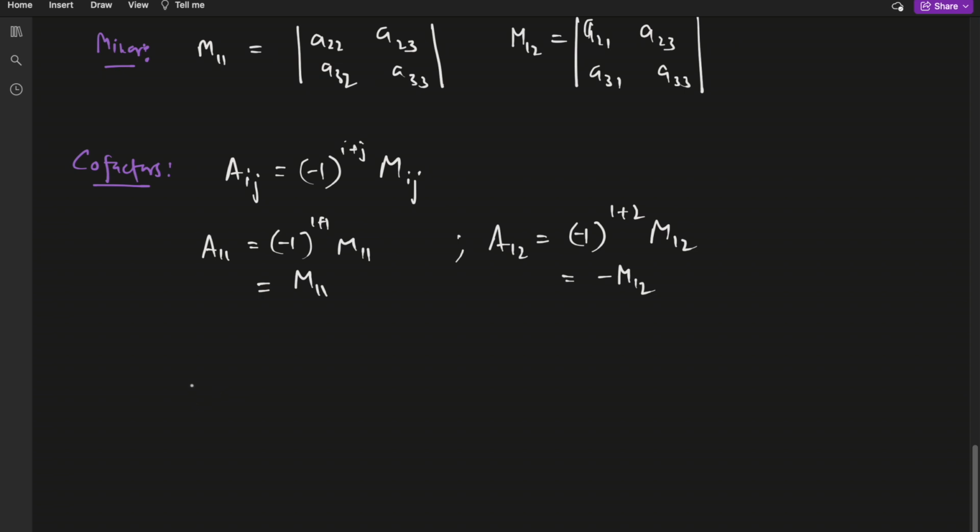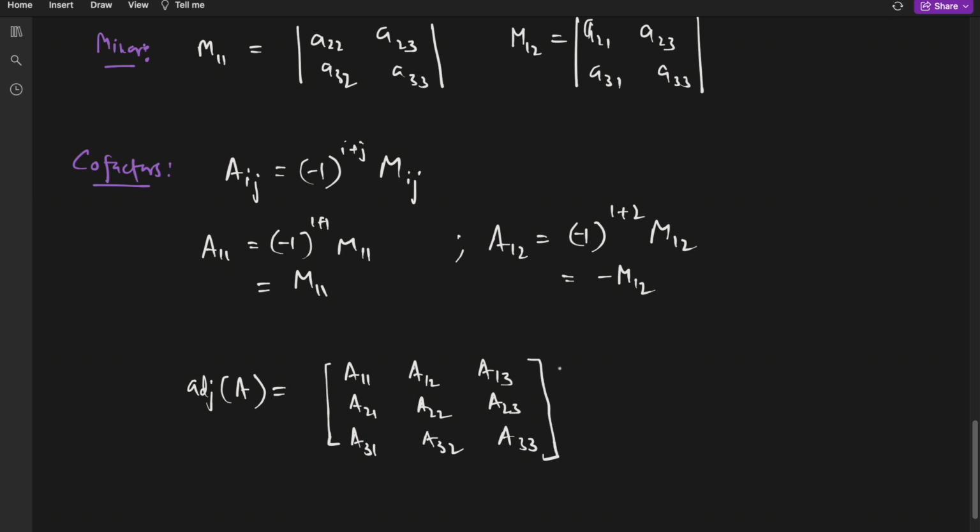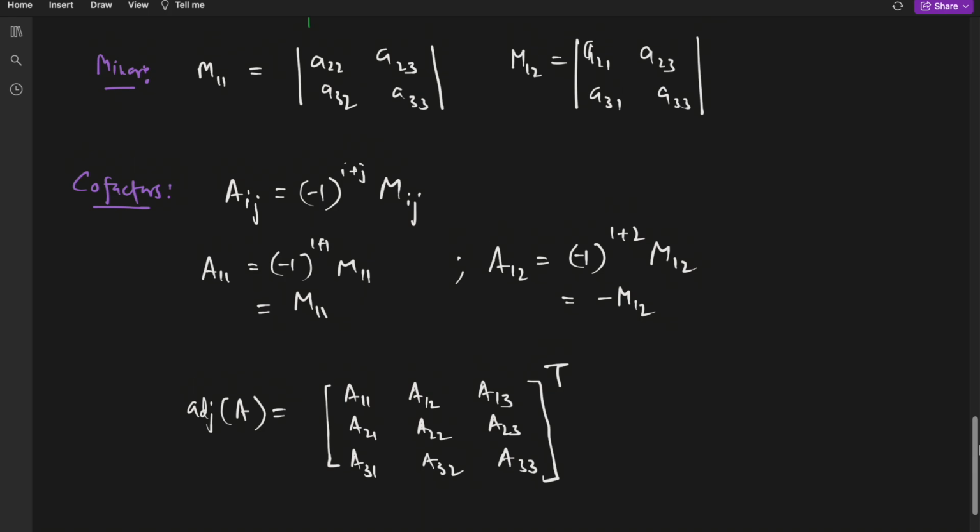The adjoint of A is nothing but you just place all the cofactors A11, A12, A13, A21, A22, A23, A31, A32, A33, and at the end you take the transpose. So this is the adjoint of A. I think it is clear.